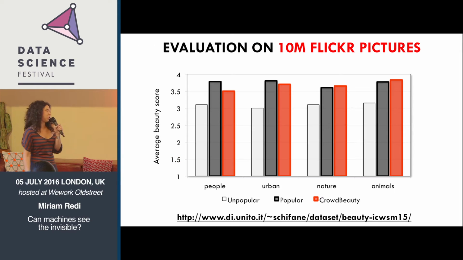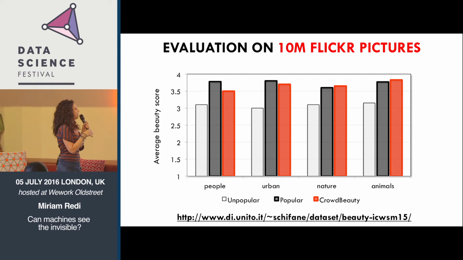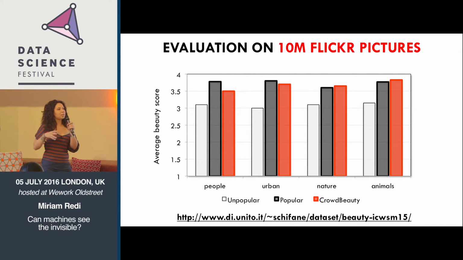And we were very happy to see these results. This plot basically tells us that these automatically surfaced pictures that come from a very non-popular pool of pictures are as beautiful or even more beautiful than the most popular Flickr pictures. And we were very happy to see that.